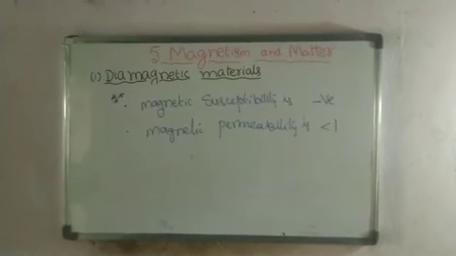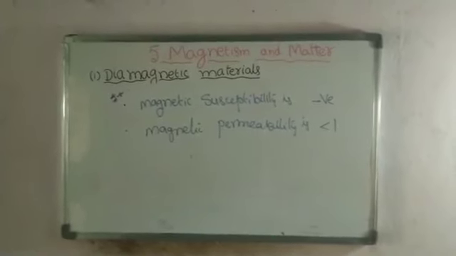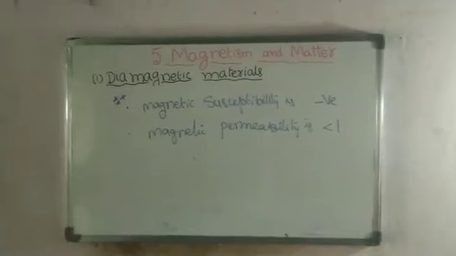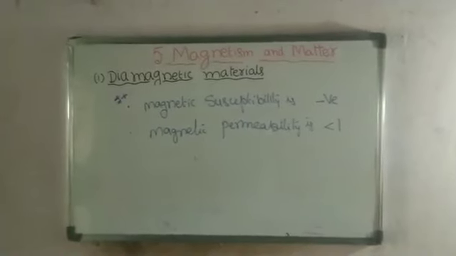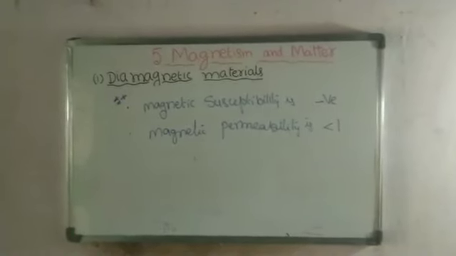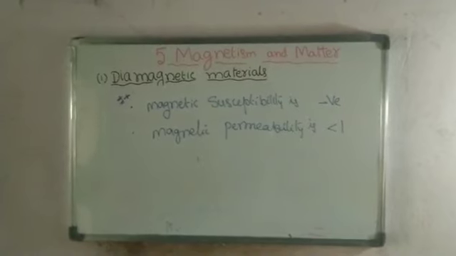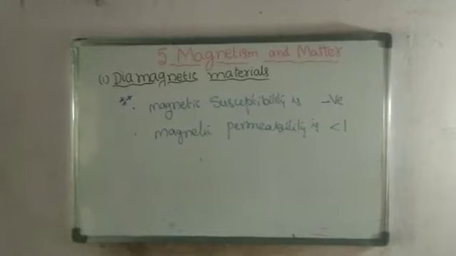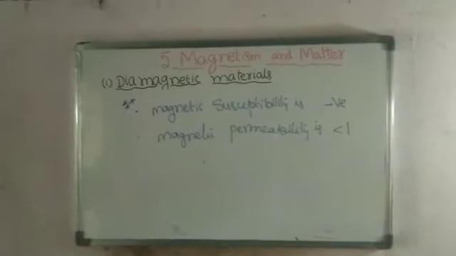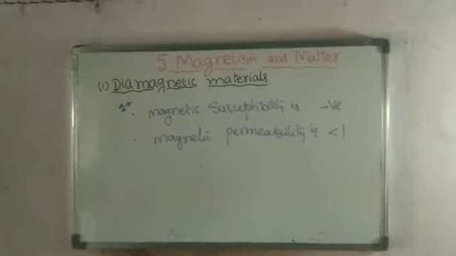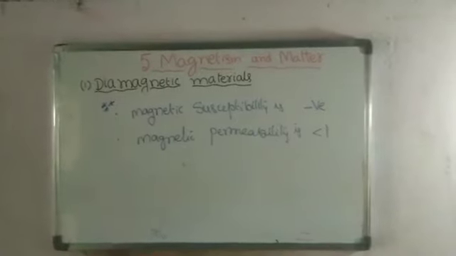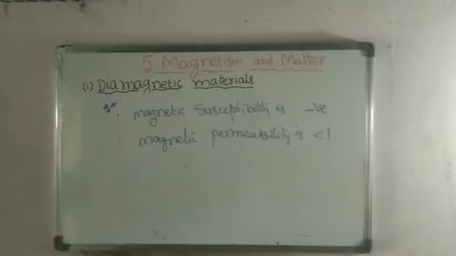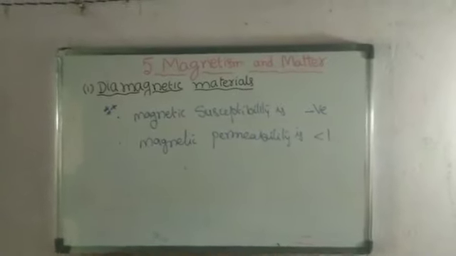We know that permeability mu r is equal to 1 plus susceptibility. Here, negative susceptibility means the permeability becomes less than 1, because mu r is equal to 1 minus chi m. So these are the properties of diamagnetic materials.